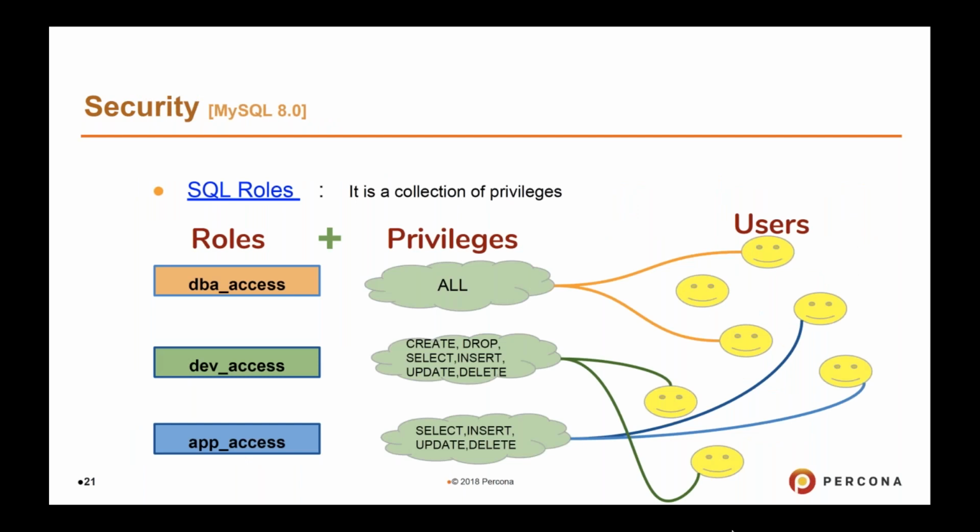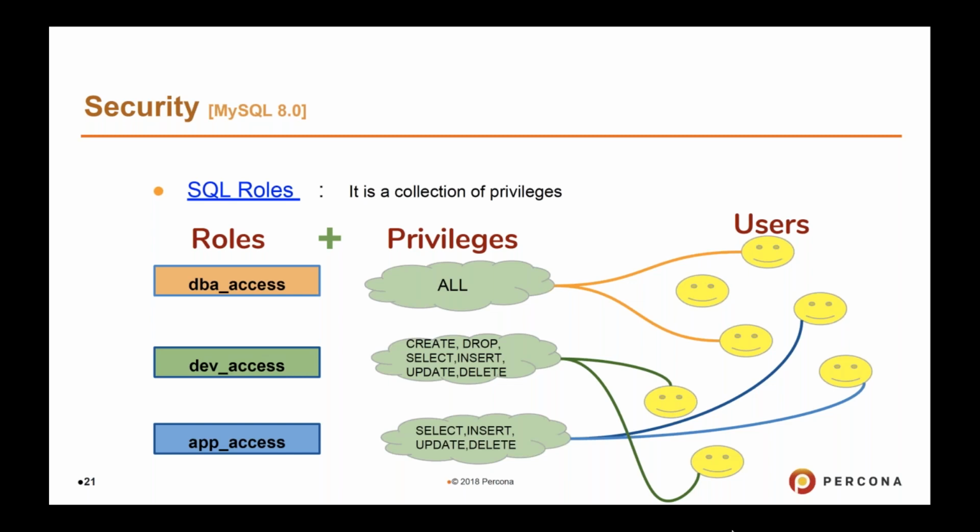This is the major thing I think in 8.0 in terms of security and privileges management. So 8.0 introduced roles. In 5.7, if you wanted to assign particular privileges to a user, you needed to pick individual privileges like grant, select, insert, update, delete.